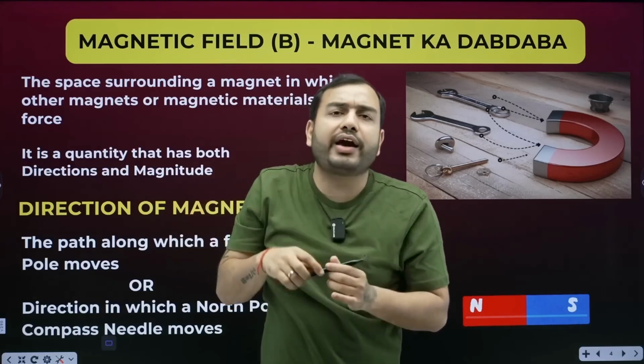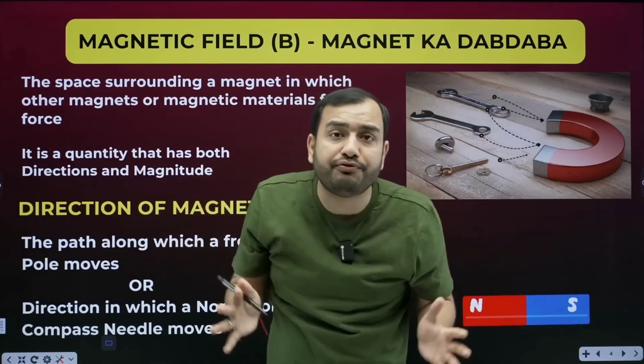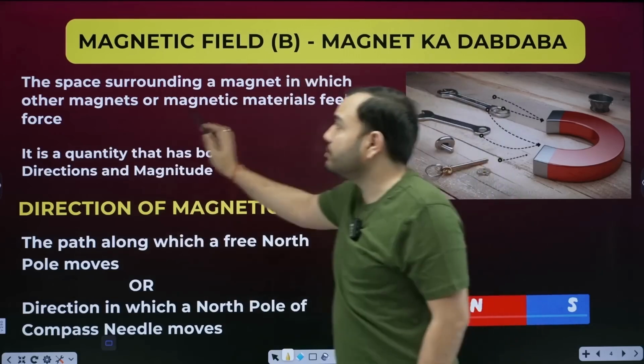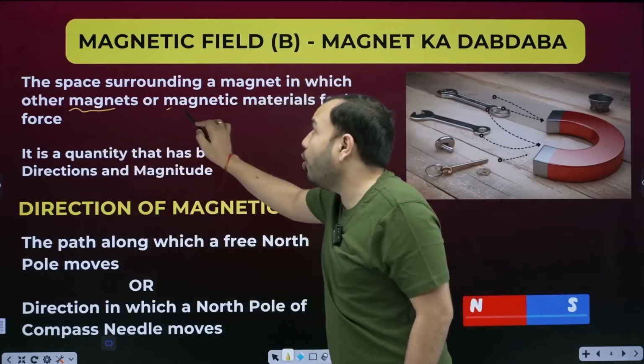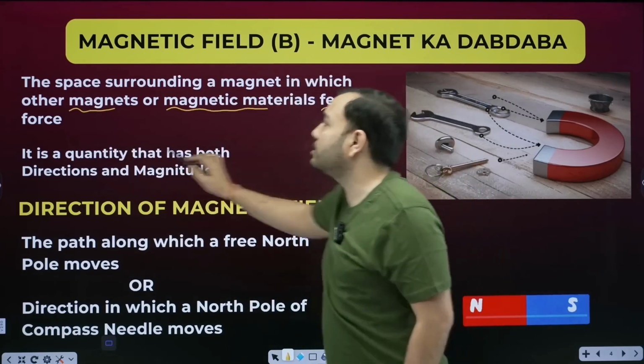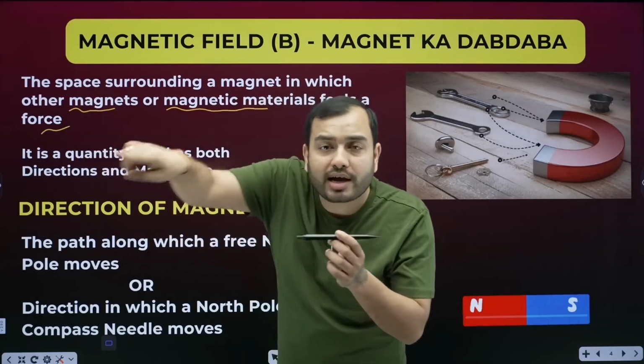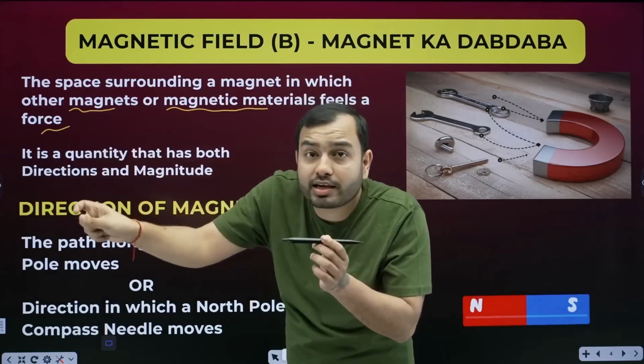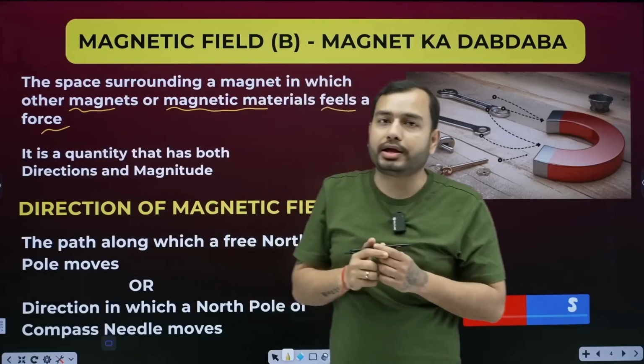We call it the magnet's field. The space surrounding a magnet in which other magnets or magnetic material feel a force. In the space around the magnet, any other magnet kept will have force applied on it, or if any iron object is kept, force can apply on it too.